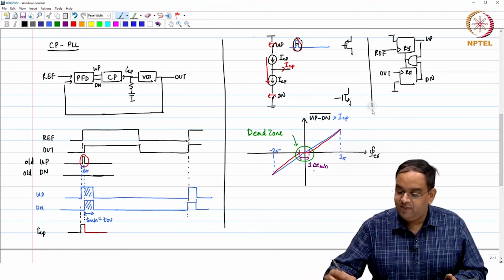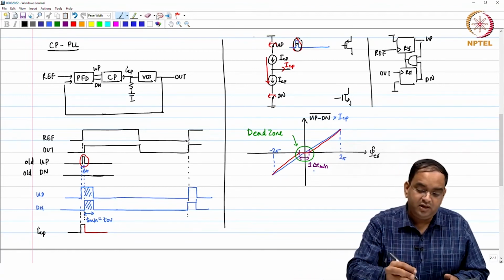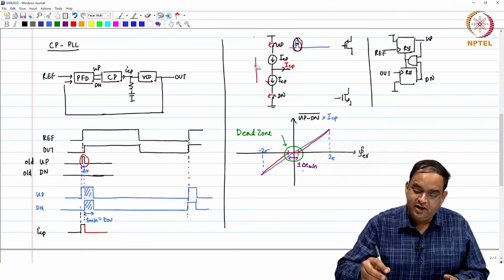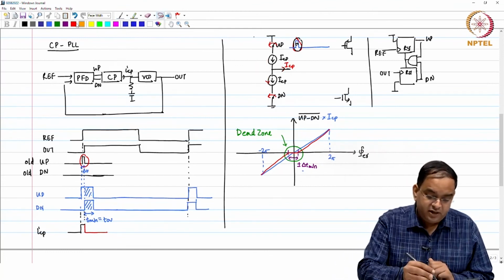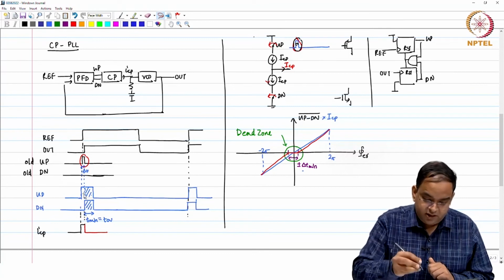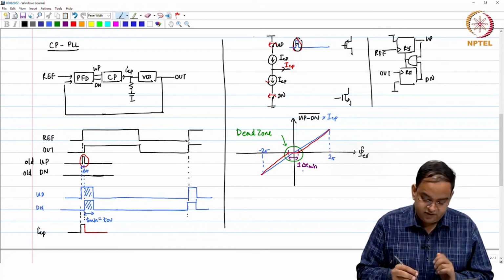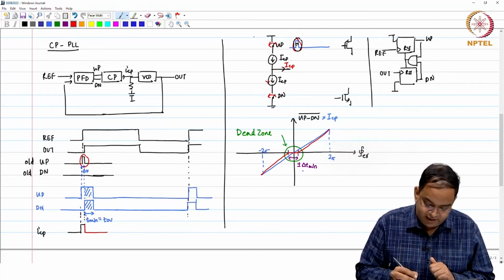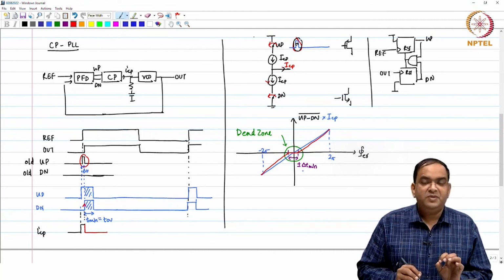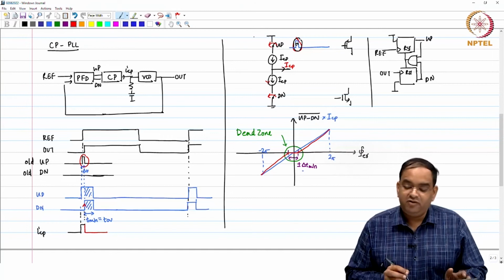Now, how can we implement that in a circuit? Well, what we actually need here is the following. Whenever our down pulse goes high, or the second pulse goes high like this, both the pulses come down only after a minimum amount of time.